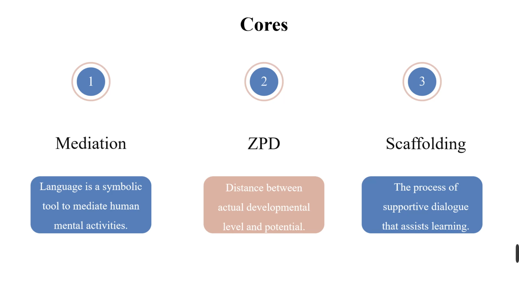Now, let's see the course of social-cultural theory. I will explain 3 main points: mediation, zone of proximal development, and scaffolding. First one, mediation. Vygotsky argues that as humans tend to rely on tools instead of acting directly on the physical activities, they also use symbolic tools to mediate the mental activities.